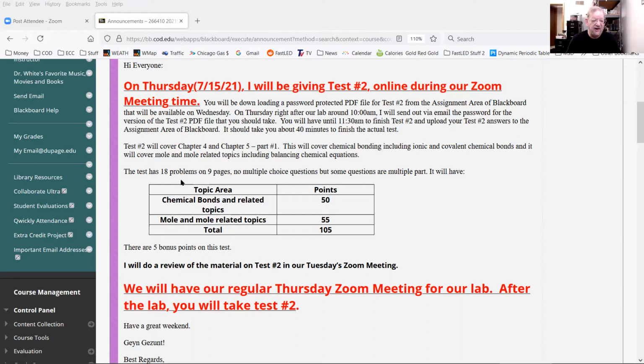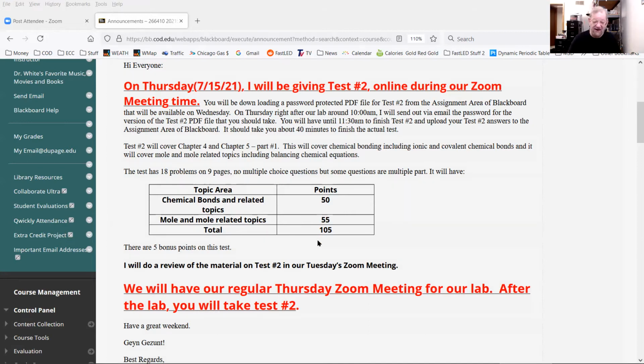The test has 18 problems, 9 pages, no multiple choice, but some of the questions are multiple part, like part A, B, C, and D. Chemical bonds and related topics like ionic and covalent, 50 points. Moles and mole-related topics, 55. If you notice, it adds up to 105.